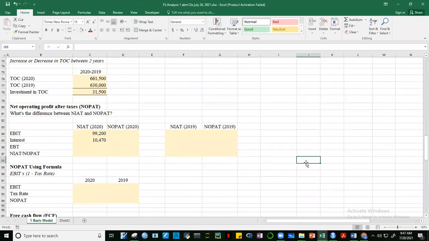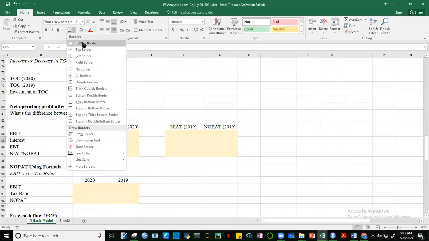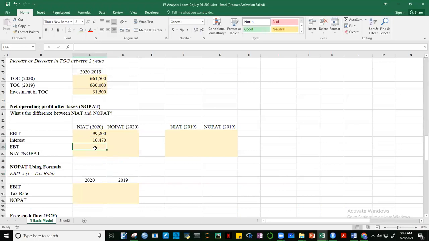Okay? I'm gonna cheat a bit here, guys. Then, of course, we know that to get your EBT, we just subtract. It's equal to this minus this, which should be the same above. Earnings before tax.